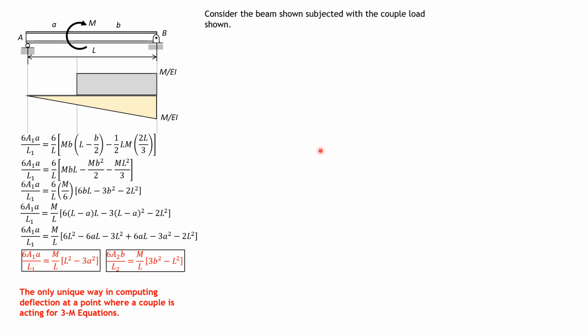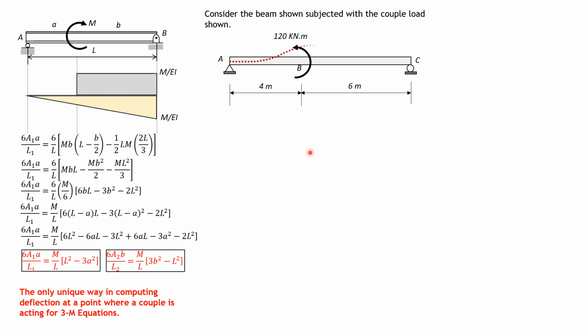Supposedly we would consider the spans A B and B C as simply supported, but then it's confusing because we have a different moment just to the left and just to the right of B. So instead, we draw the moment diagram by parts at B, and we call that delta B. The reaction at A times 10 equals 120, so the reaction at A should be upward, equal to 12 kilonewtons.